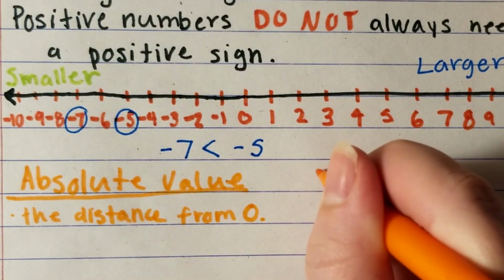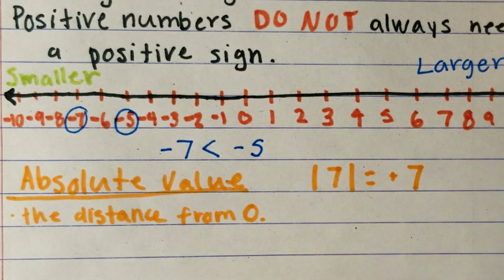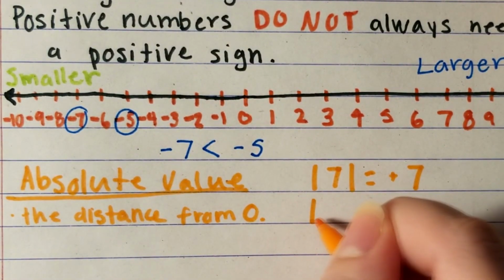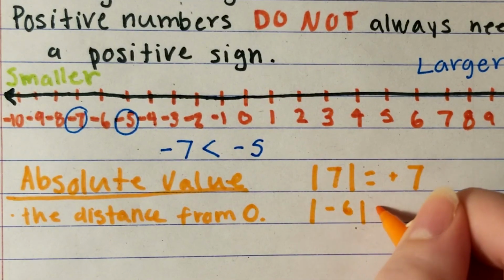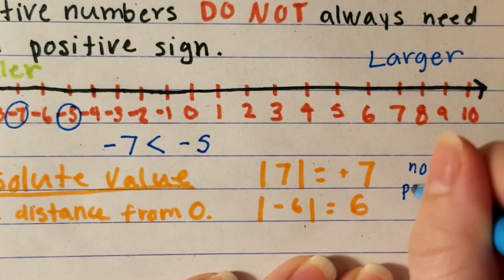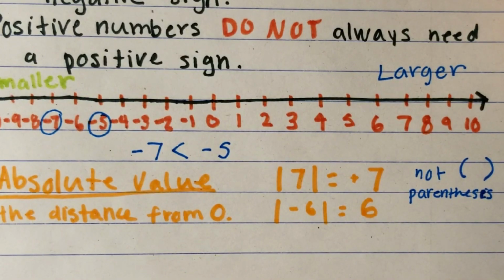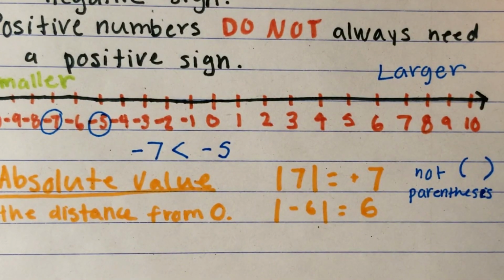There is even a calculation symbol for the absolute value. Whenever you see a number in between two bars like this, then you know it's asking for its absolute value or its positive value. Make sure you don't get this mixed up with parentheses, which will be explained in another video.